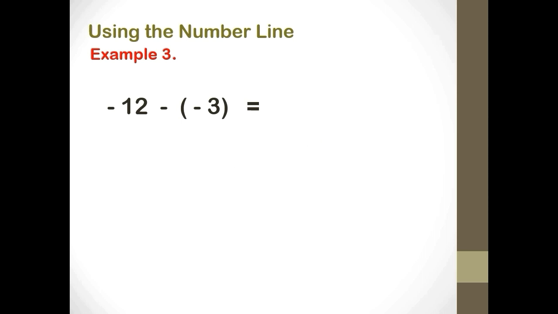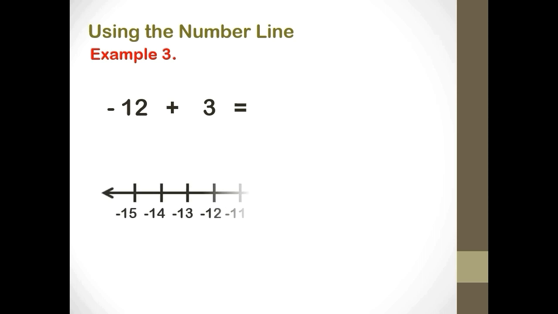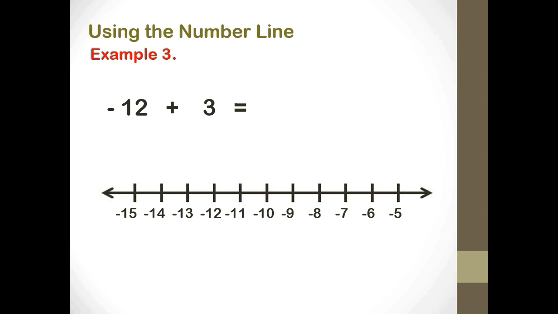Let us now solve using the number line method. Again, before that, we apply first the subtraction rules. We change the sign of the subtrahend. And we change the operation to addition. Then after that, we locate the first addend on the number line.